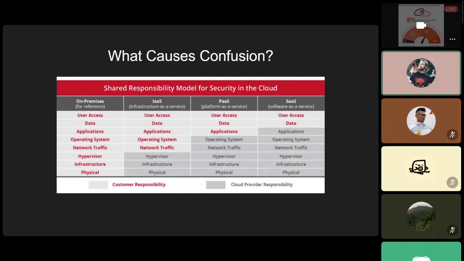If you look at infrastructure as a service, this is the primary thing where we get confused, because this is where a lot of these issues are happening. As you can see, the cloud provider has less responsibility and the consumer has more responsibility. As opposed to software as a service, it's primarily occupied by the cloud provider, and the customer has very little interaction or responsibility.